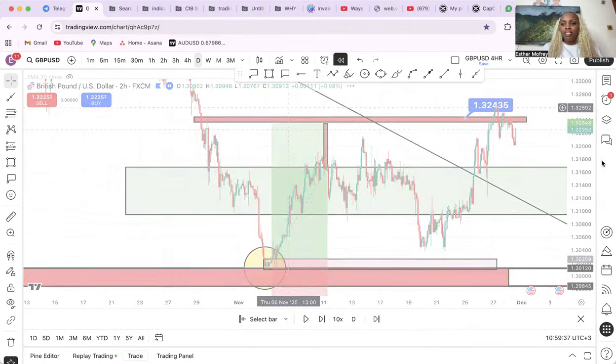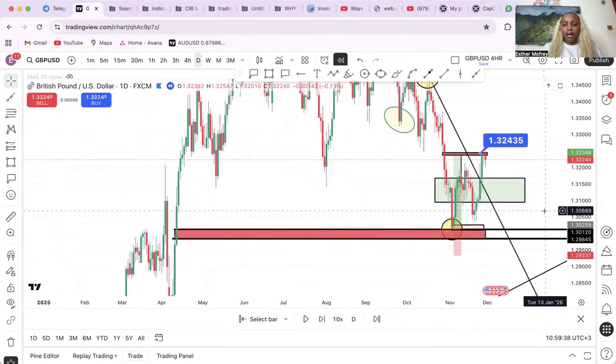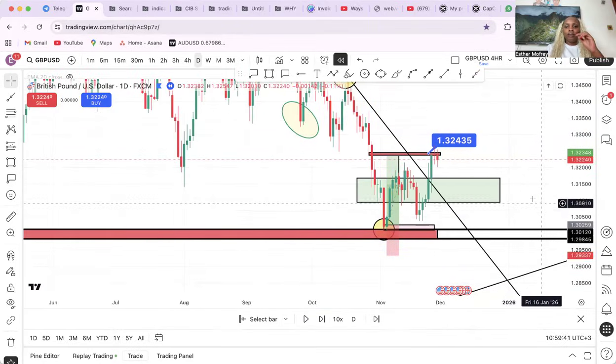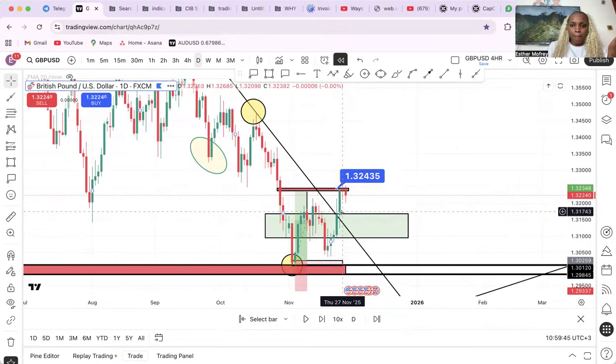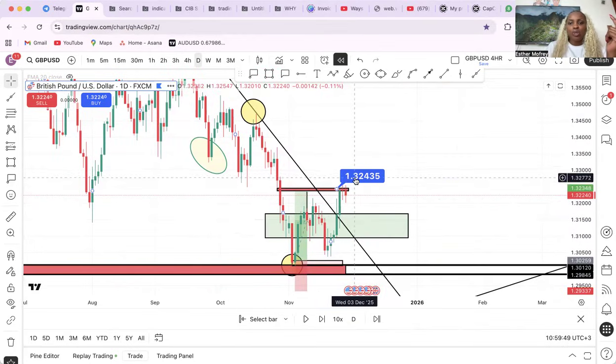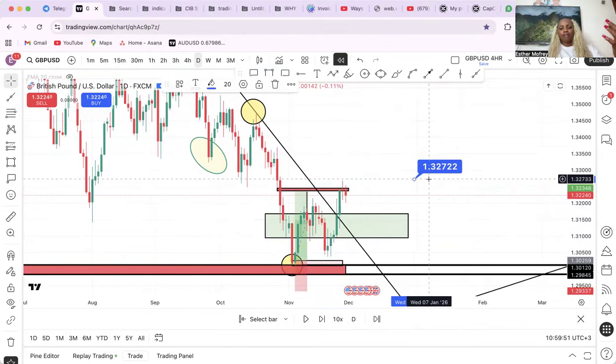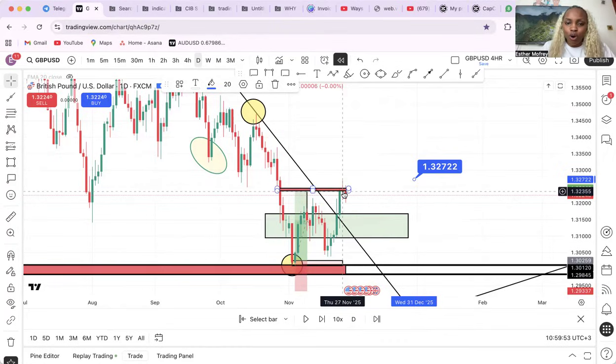If I go back to the daily, I will see that the one I had has been broken. So this one is now giving me a vibe of a buy, and it has gone to my distance.